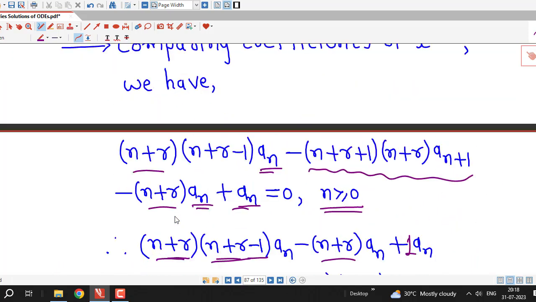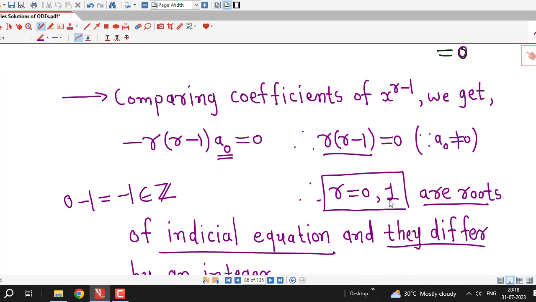Now we have roots of the indicial equation 0 and 1 which differ by an integer. So the first solution we will obtain corresponding to the larger value of r. Here we have two values of r, 0 and 1, and 1 is greater than 0.